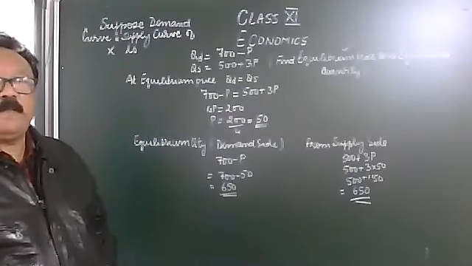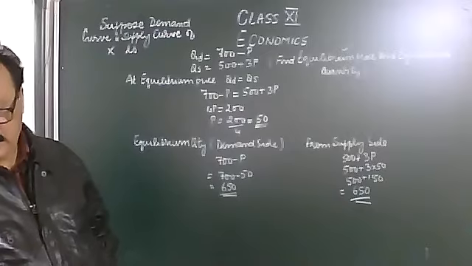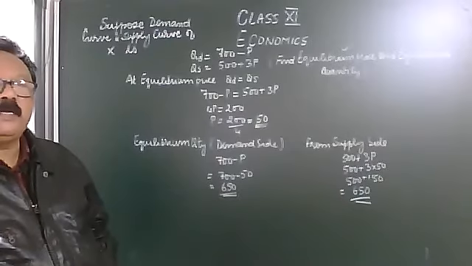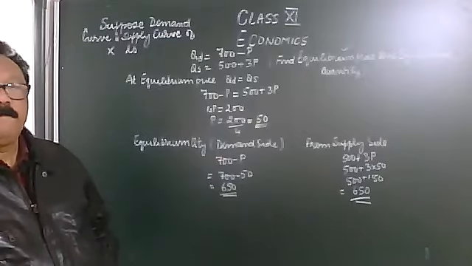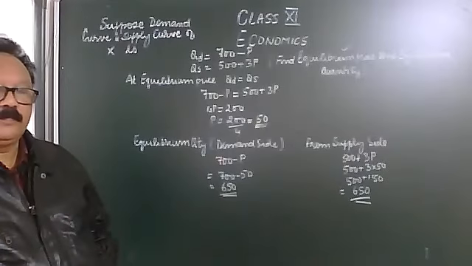So your equilibrium price is 50 and your equilibrium quantity is 650 units.